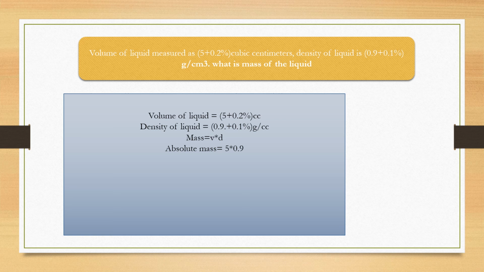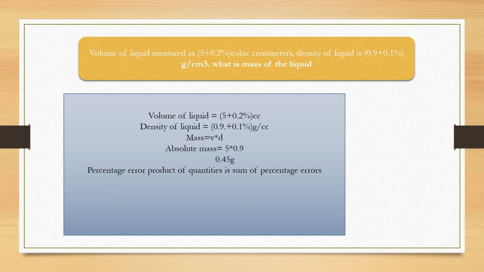Mass of the liquid equals volume times density, so absolute mass means absolute volume times absolute density, that is 5 times 0.9, which equals 4.5 grams.